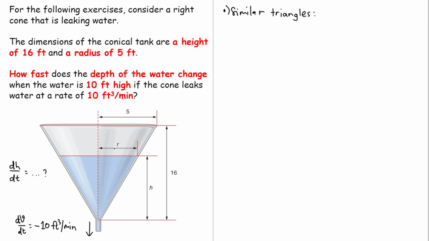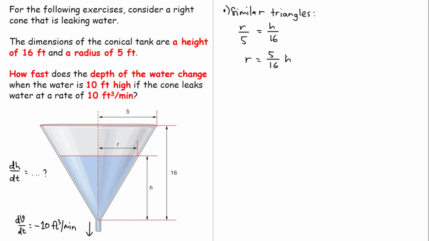And here we can compare the base, which is r over 5, because that is the base of this triangle, and that will equal the comparison of the height, so I will have h divided by 16. Or I can rewrite this as r equals 5 over 16 h. Okay, and that is good.